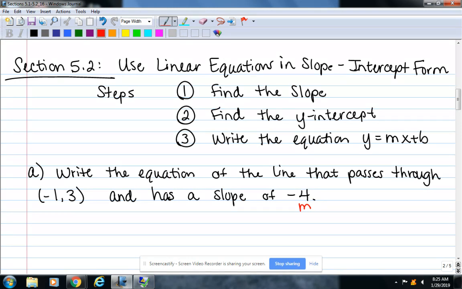How do you think I can find out what B is? Well, what equation do we know has a B in it? Okay. So if I've got to find B, I need to know an equation that has B. Right? So how could I get B using that equation?